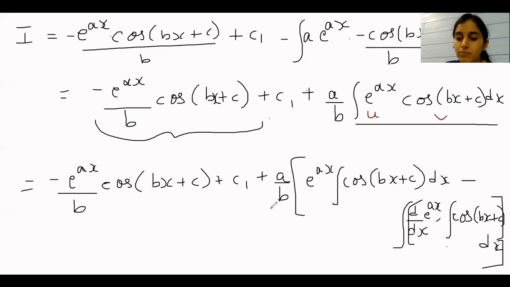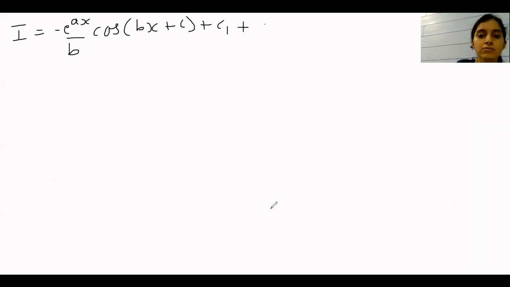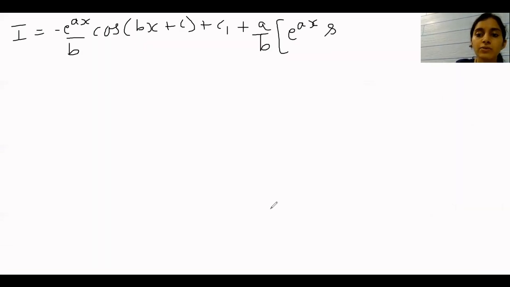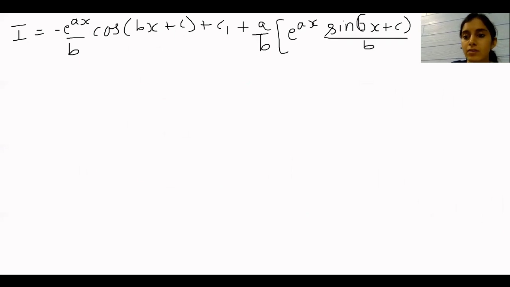Now a upon b will also be written as it is, bracket, e raised to ax as it is, times the integral of cos of bx plus c dx, which will be sine of bx plus c upon b, plus c2, integration done.